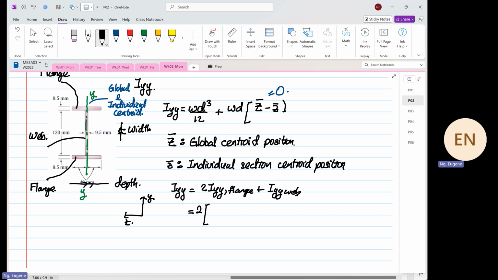Then you have the width is 9.5. The depth is 40, power 3. Sorry, the 3 is not cooperating today. Divide by 12. Okay.